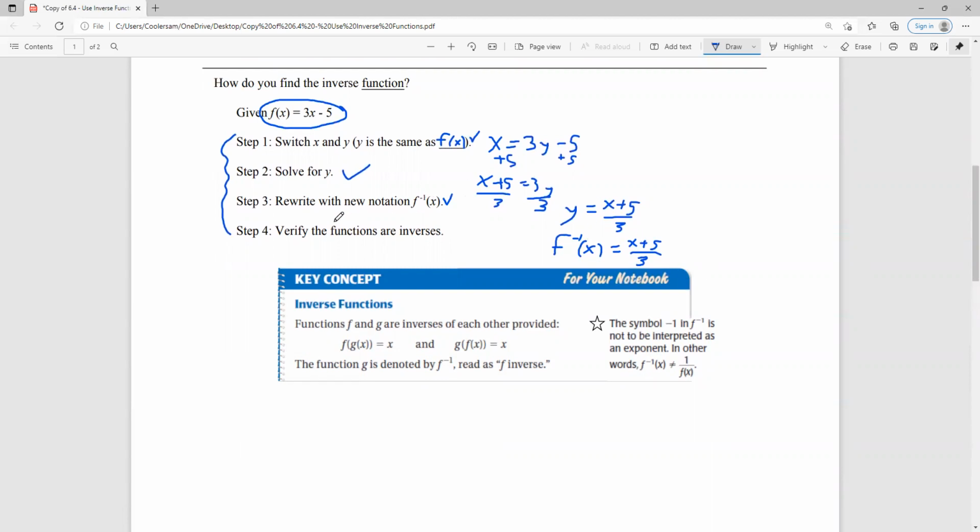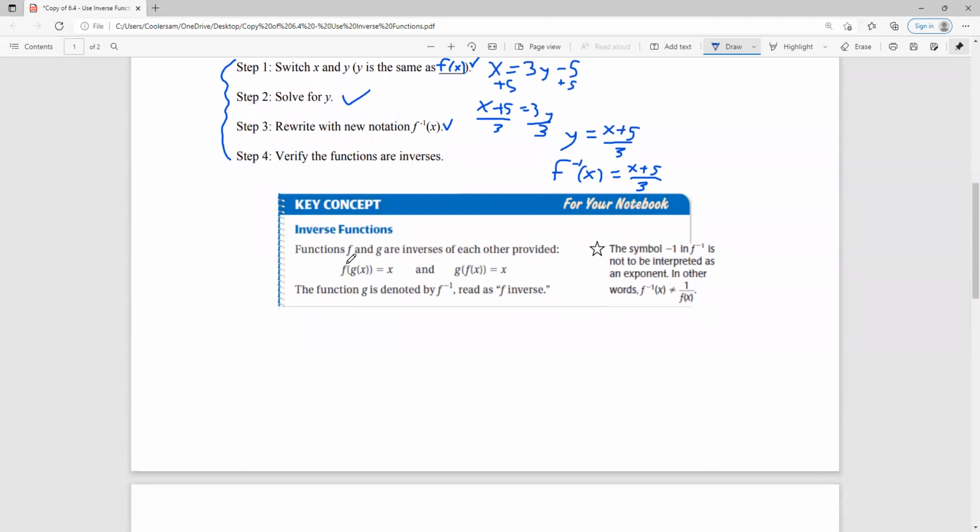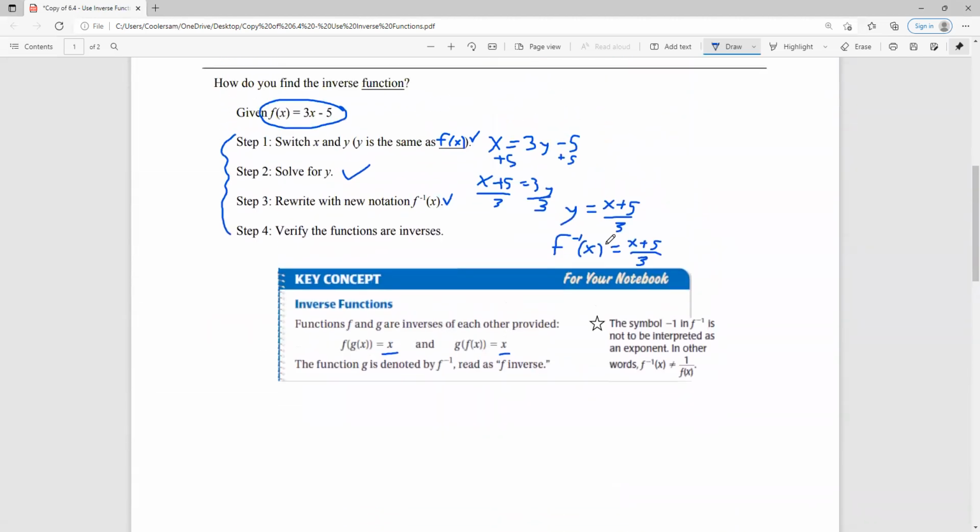Cool. So now step 4 says verify the functions are inverses. In order to tell if something is an inverse, you have to take the composition of f and its inverse, and you'll get an answer of just x. And then same thing, but plugging it in the other way around, you should still get an answer of just x.